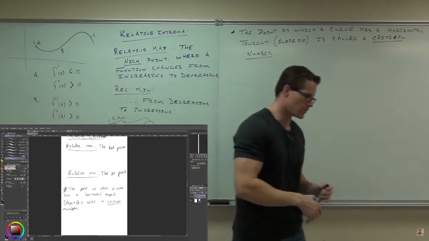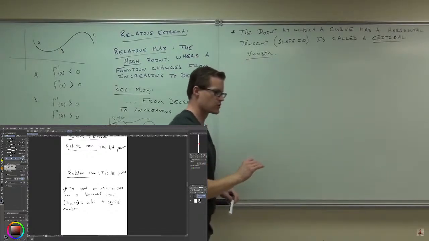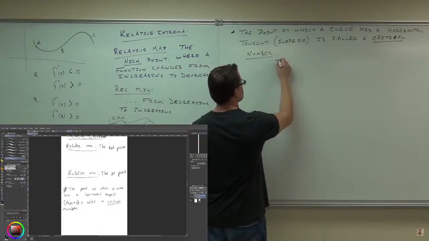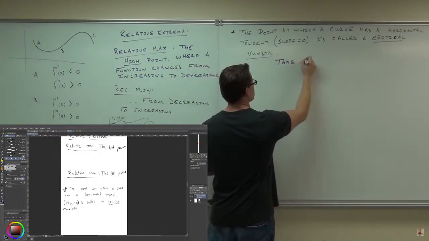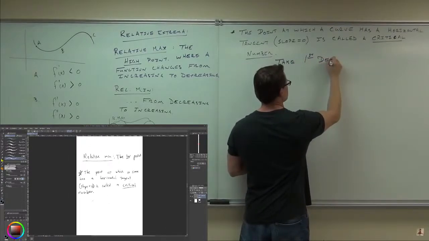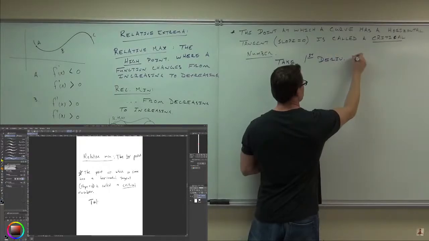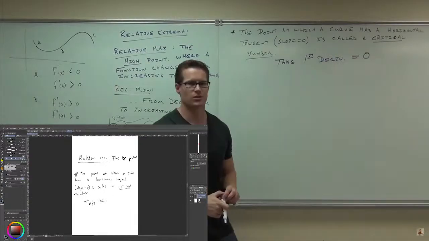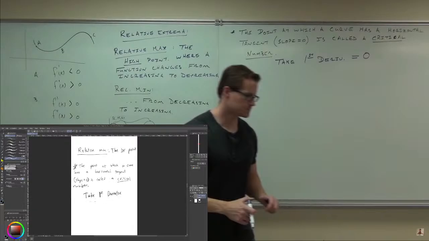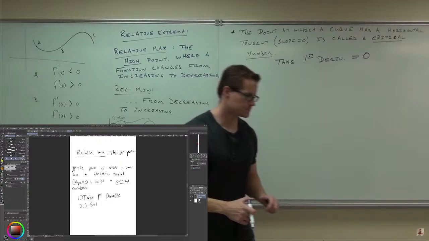So to find your critical numbers, we're going to take the first derivative and set it equal to 0. You okay with that as well?